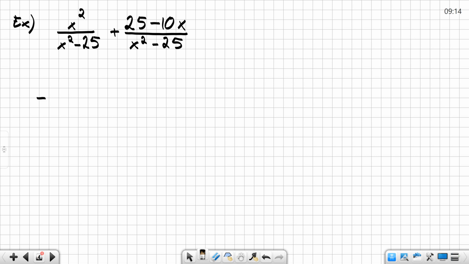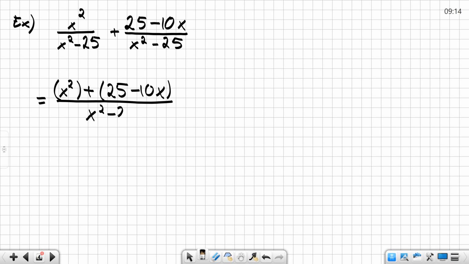So again, the denominators are really the same, and that means I'm going to have x squared plus 25 minus 10x all over x squared minus 25. I'm opening up my parentheses in the numerator, and now let's do it exactly as before.